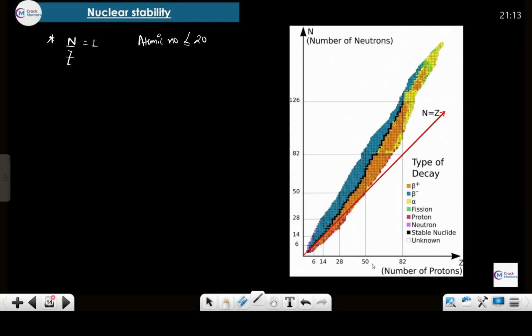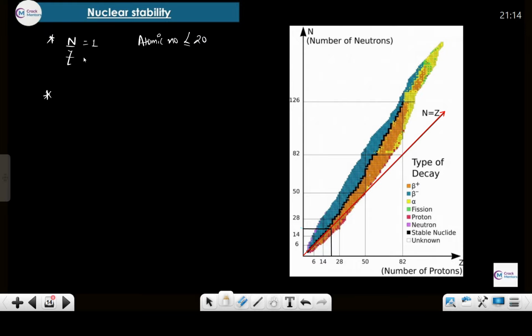Okay, give me a second. I'm hoping that this color is visible to you. Black should be good. So we have observed that for atomic number less than or equal to 20, the n upon z ratio tends to 1.